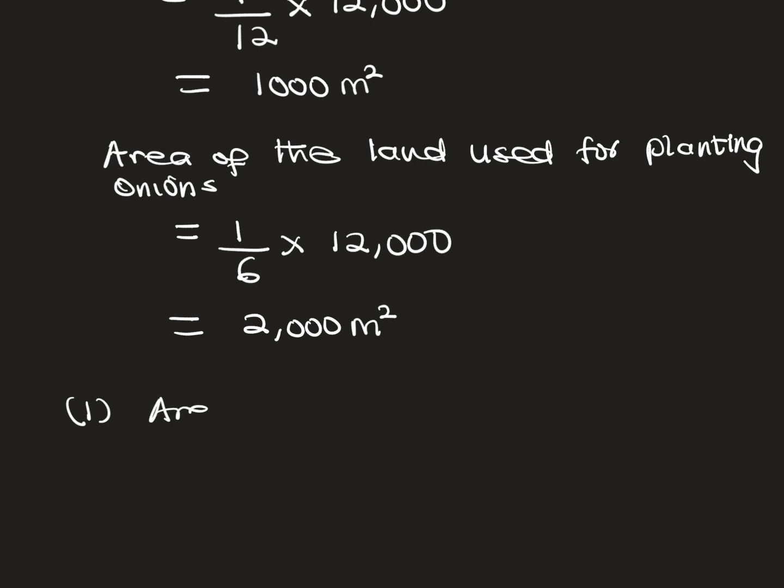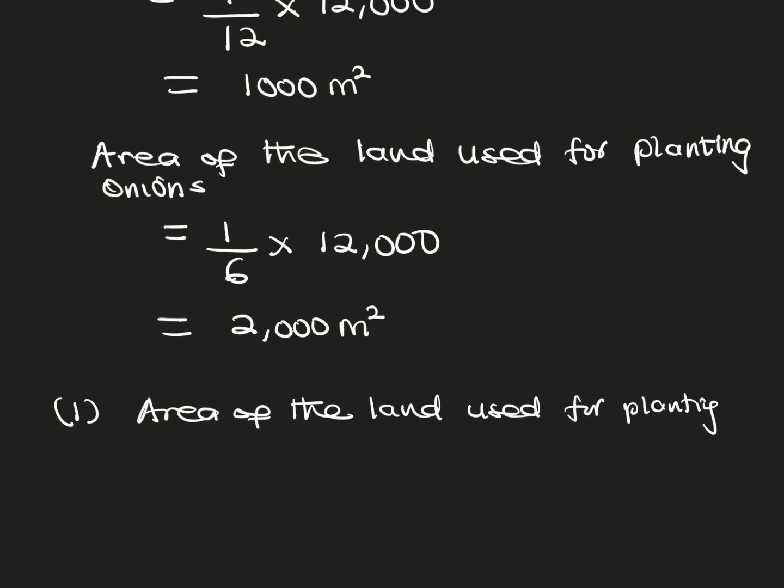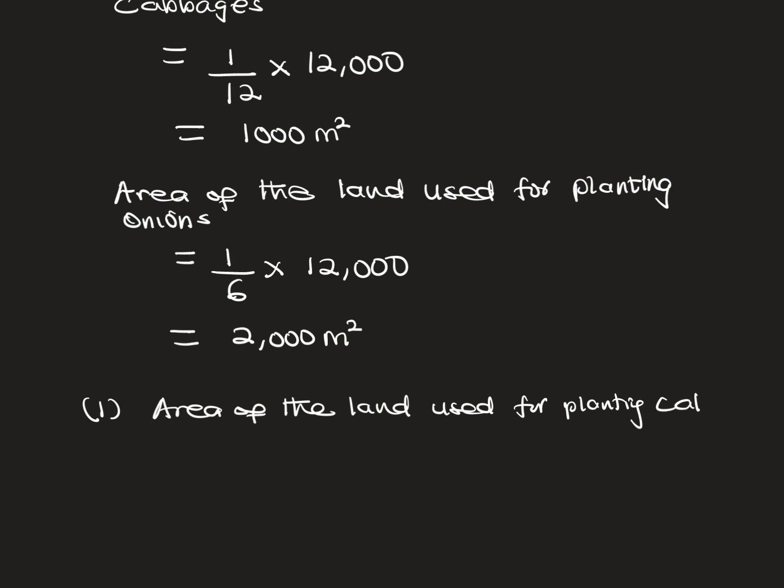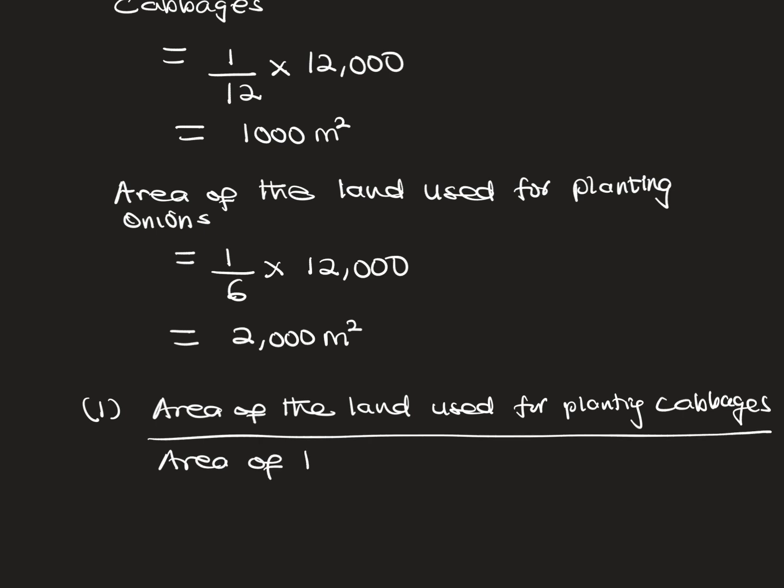So that will be area of the land used for planting cabbages divided by the area of the land used for planting onions.